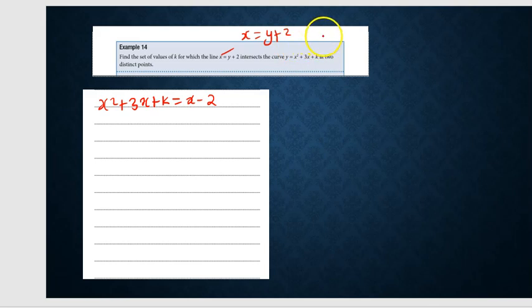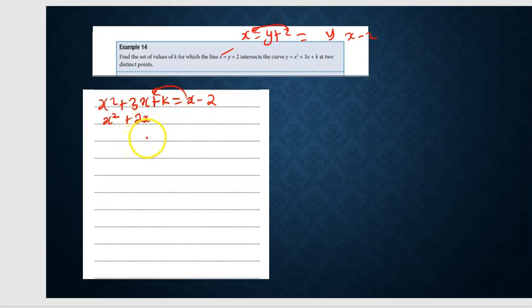So our y, therefore, in this case, is going to be what? x minus 2. Taking this 2 to the other side becomes negative. So x squared plus 3x plus k is equal to x minus 2. If we rearrange this as a quadratic equation, we are going to have x squared plus 2x, because we are going to take x. 3x minus x gives us 2x.